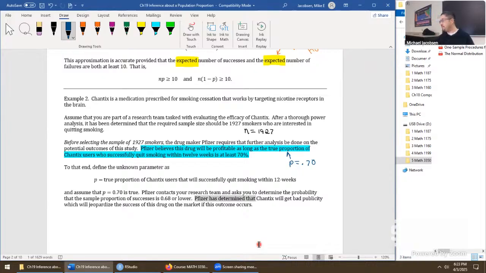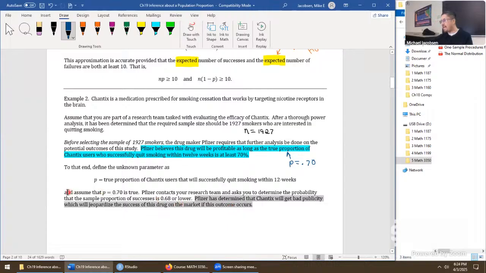Pfizer has determined that Chantix will get bad publicity, which will jeopardize the success of this drug if this outcome occurs. If it's released to the public and they are forced to publish the outcome of the clinical trial, that 68% or even lower proportion of these users after 8 weeks were only successful at quitting, that's way lower than they wanted, and this could cause bad blowback from the media.